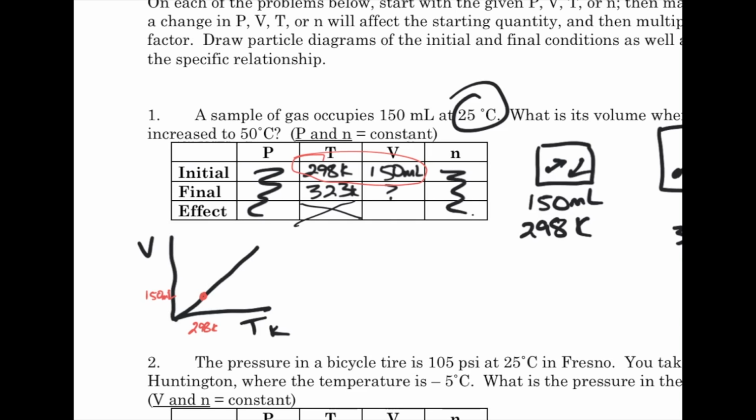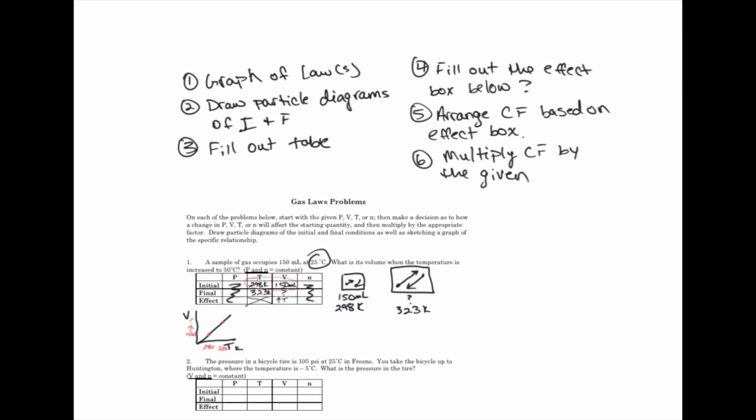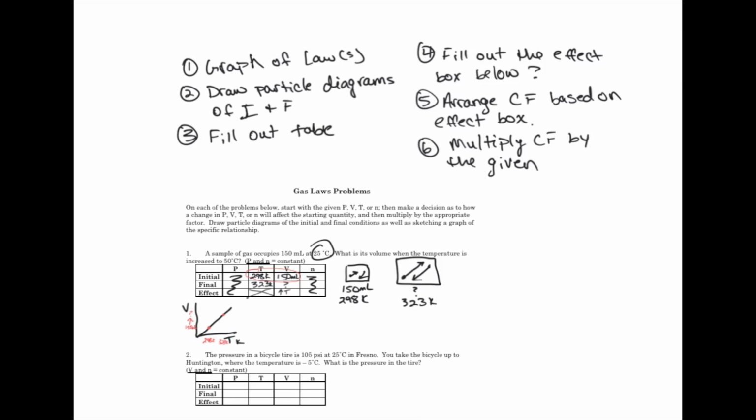Now our new temperature is 323 Kelvin, so that's right here. We don't know what that volume is, but we know based on our graph that it is going to be greater than 150 milliliters. So what we can say is that the volume is going to increase because of a change in temperature. So we've now filled out our effect box below the question mark.